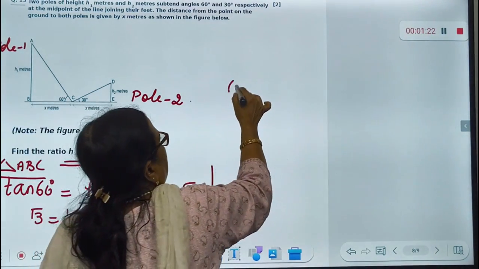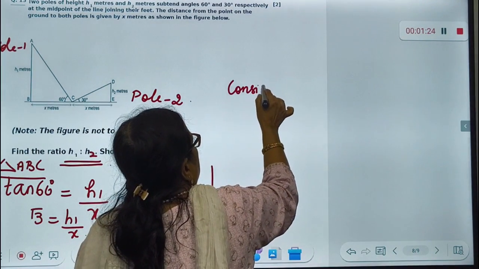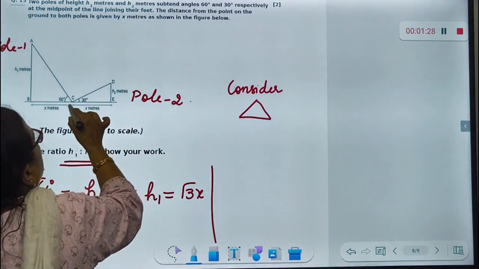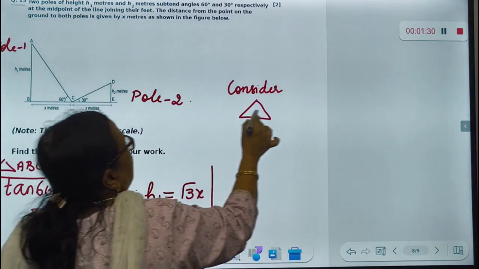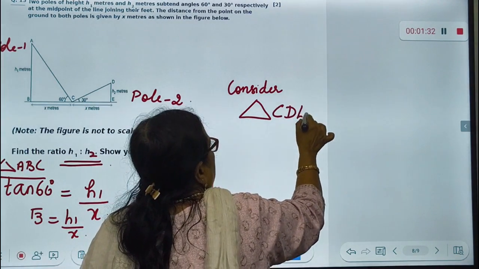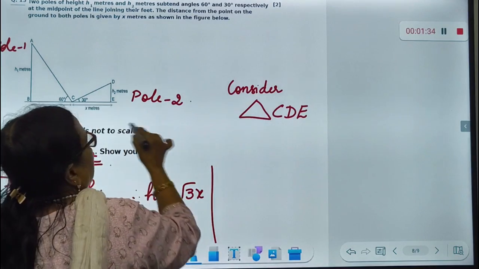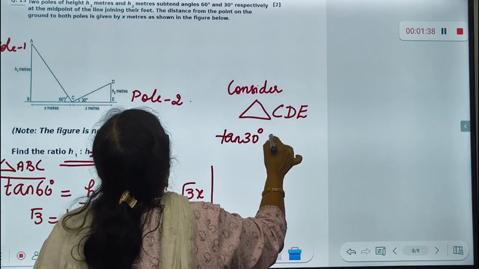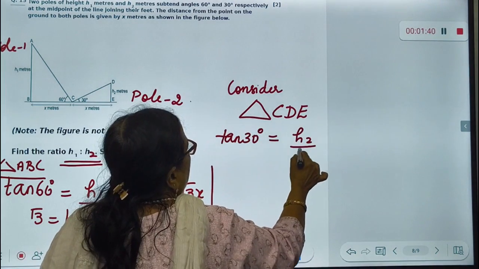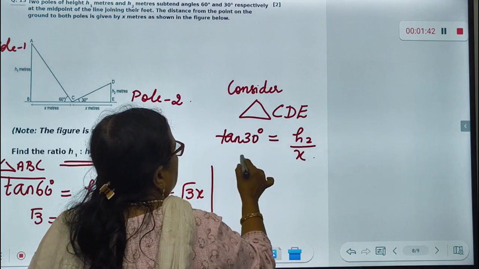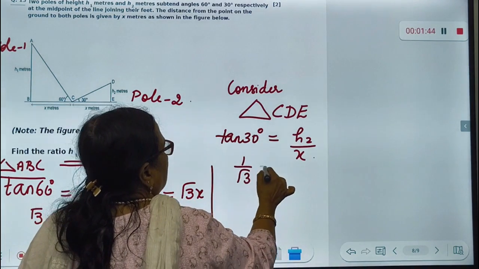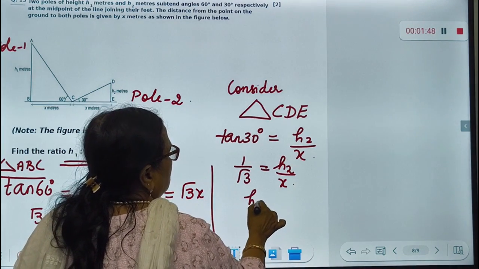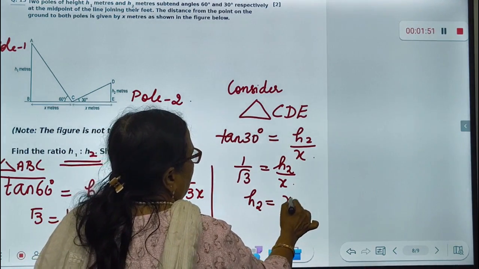Now I'm going to consider this triangle, CDE. So this angle is 30. Tan 30 degrees is equal to h2, opposite, by base, which is x. So 1 by root 3 is equal to h2 by x. So h2 equals x by root 3.